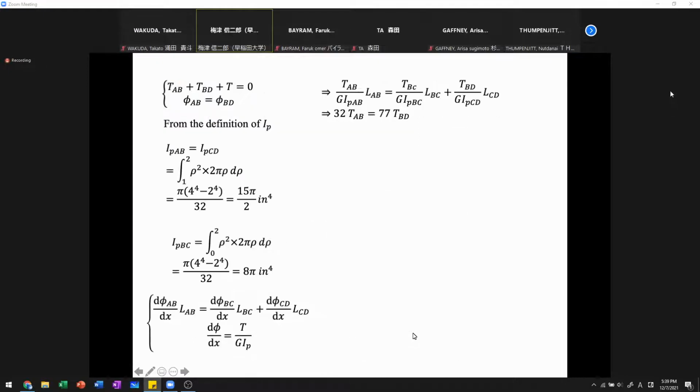Here, dφAB/dx = T/(G·IPAB), and dφBC/dx, dφCD/dx, by LAB, LBC, and LCD. And this is changing to like this.